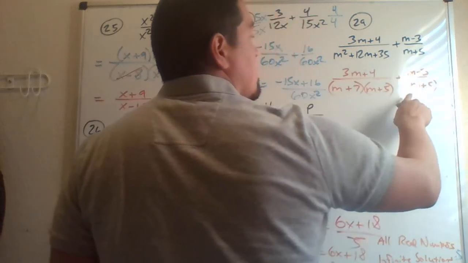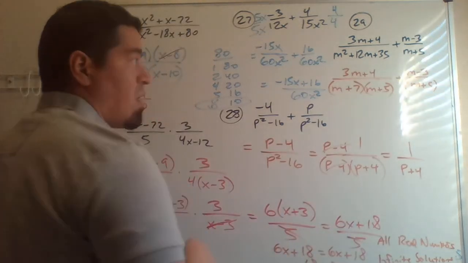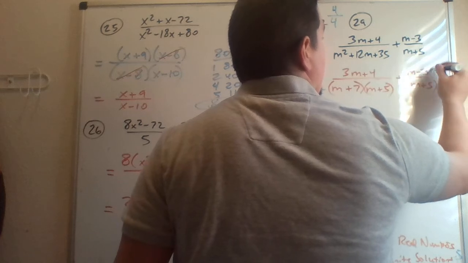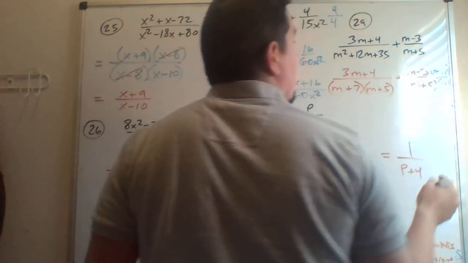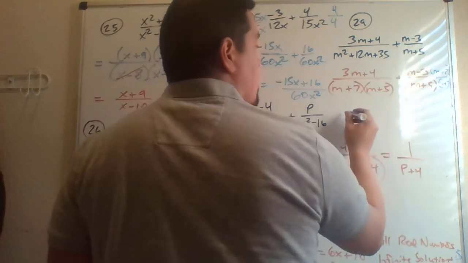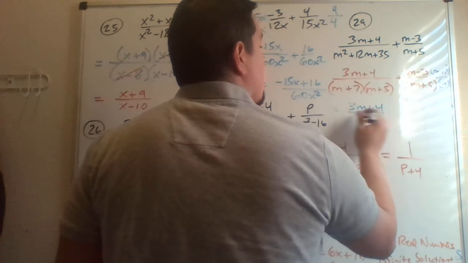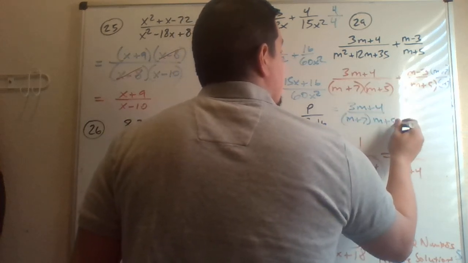What factor is missing so I can get common denominators, the m plus 7. Right, so now I'm going to multiply this one times m plus 7 over m plus 7. I'll work that out. So 3m plus 4 over m plus 7 times m plus 5. I just rewrote this side.